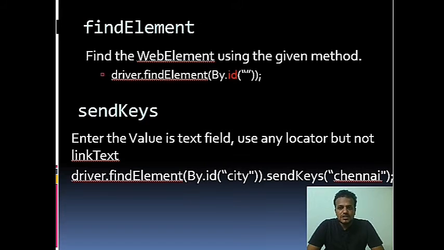We can click on each and every element that you have in your window or in your web browser. You can click on text boxes, links, buttons, drop downs, images, and every element that you can find in your web browser.